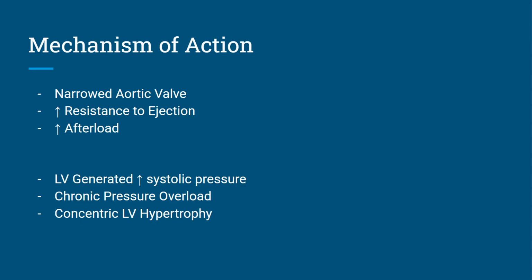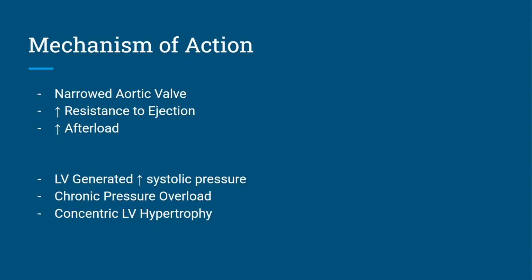the chronic pressure overload will cause the ventricle to adapt structurally into a concentric left ventricular hypertrophy, meaning that the wall thickens inward rather than the chamber dilating.